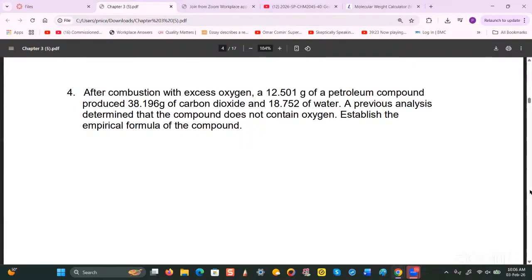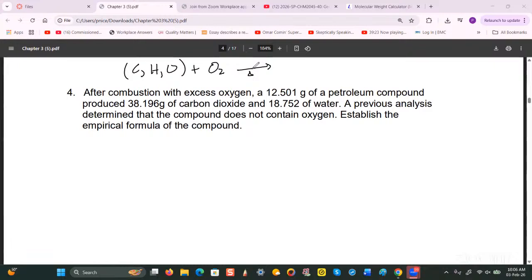So let me just briefly go over what combustion analysis is all about. Let's say you have an organic compound, and let's say that compound contains carbon, hydrogen, and oxygen, right? You don't know what the formula is, right? And then you burn it in air. Now, that's combustion, right? Combustion is basically reacting anything in air by applying heat, right?